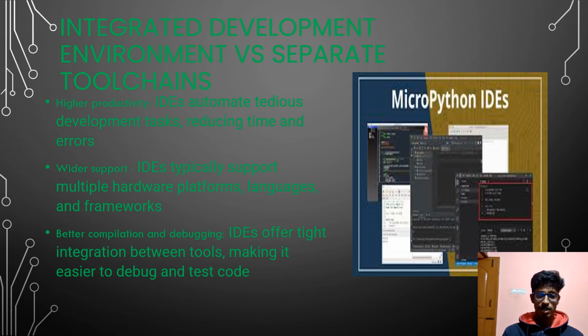Wider support: IDEs typically support multiple hardware platforms, languages, and frameworks. Better compilation and debugging: IDEs offer tight integration between tools, making it easier to debug and test code. It takes less time to find the errors, debug them, and give a solution fast.